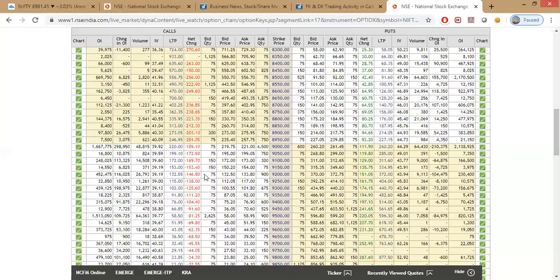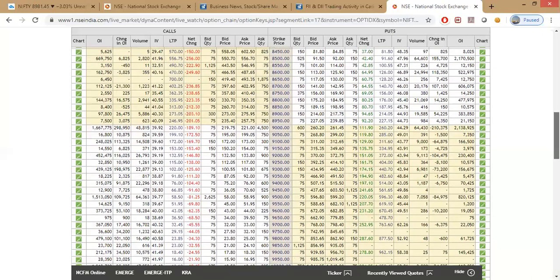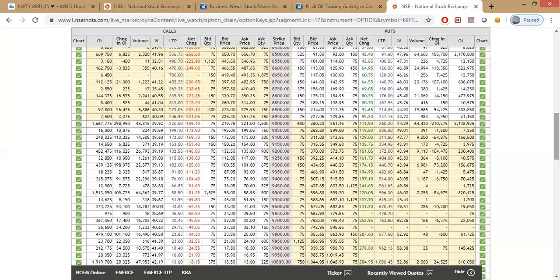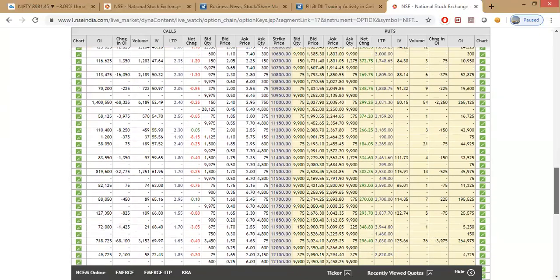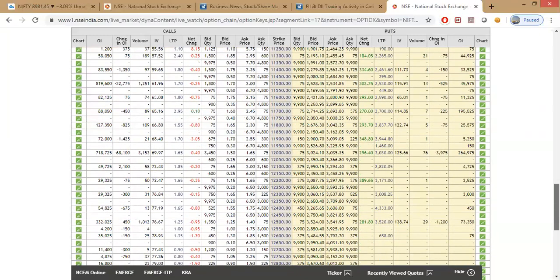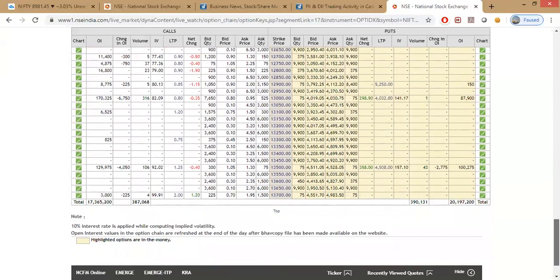So if you remember these and start observing in the live market, you'll come to realize the importance of these four indicators. When is call writing happening? When is put writing happening? If you start observing on a daily basis, you will come to understand it's of prime importance when we are seeing the market.